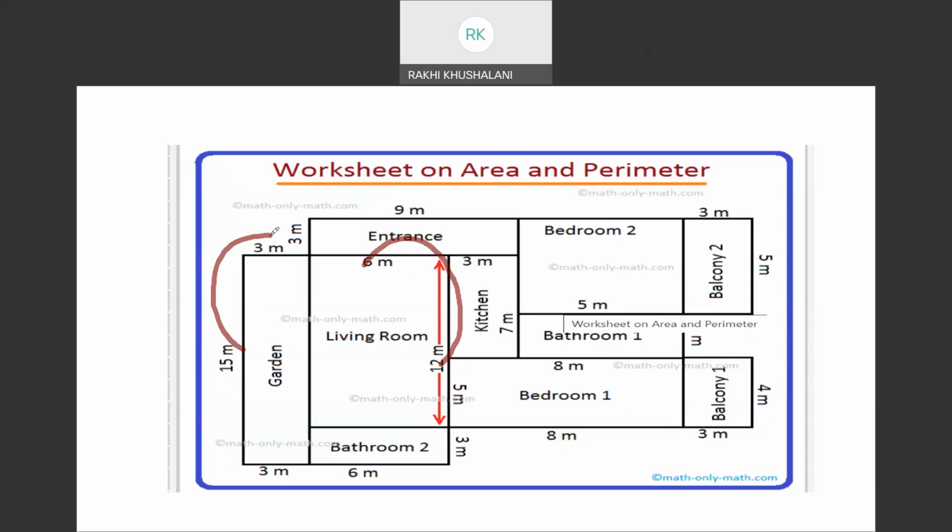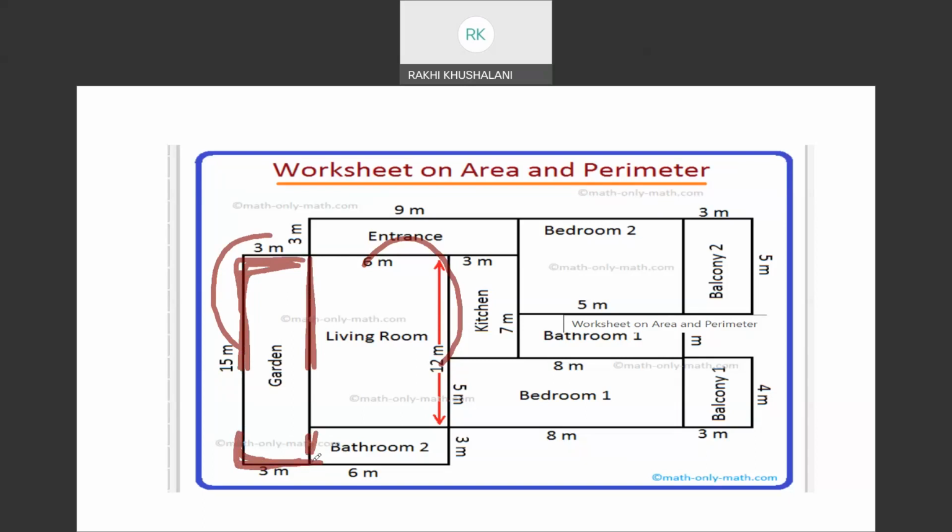Now suppose I plan to put fencing around the garden, so that the animals do not walk in. What is the perimeter? See, on this side you don't need fencing, but I need fencing on these three sides. So 3 plus 15 plus 3 gives me 21 meters.